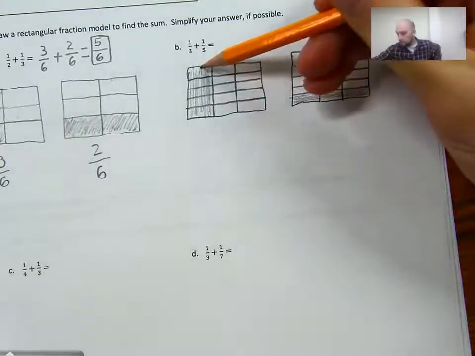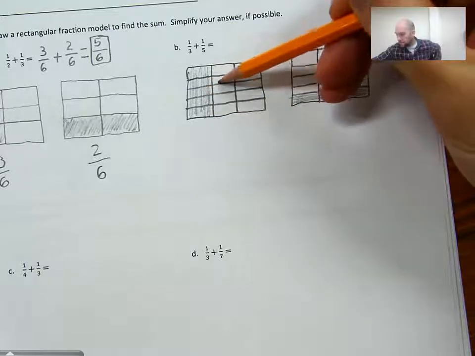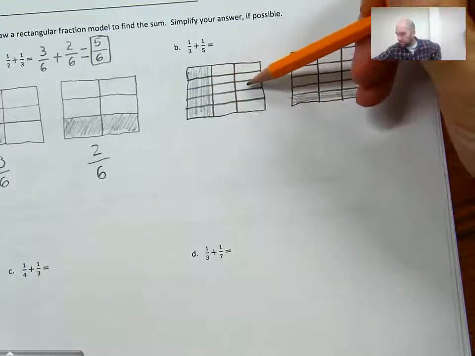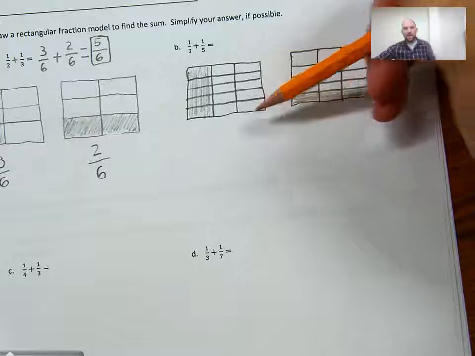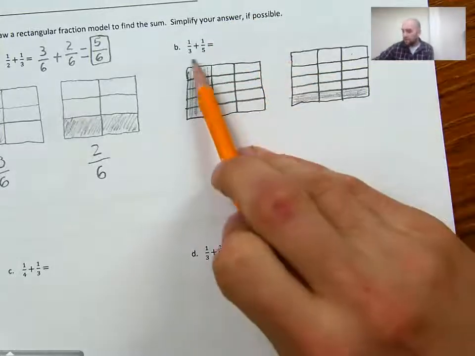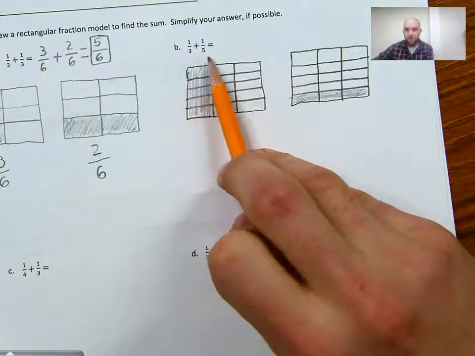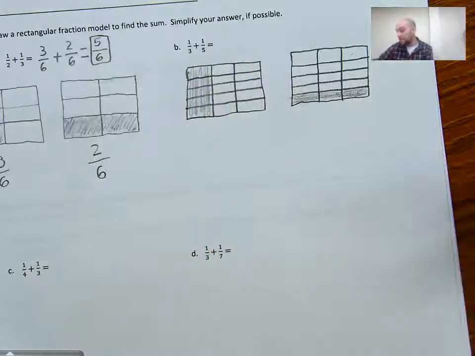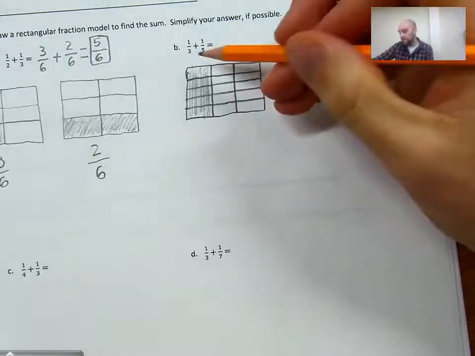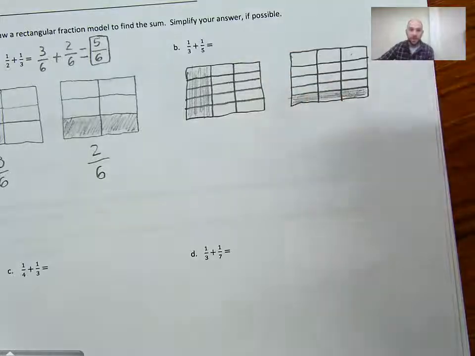So we're going to get 1, 2, 3, 4, 5, 6, 7, 8, 9, 10, 11, 12, 13, 14, 15. And you might start to notice a pattern here. Our denominators, if we multiply 3 times 5, we would get 15, because we're splitting into 3 groups, and we're splitting those groups into five groups each. So we're going to get the product of those 2 denominators, but we won't get into that quite yet.